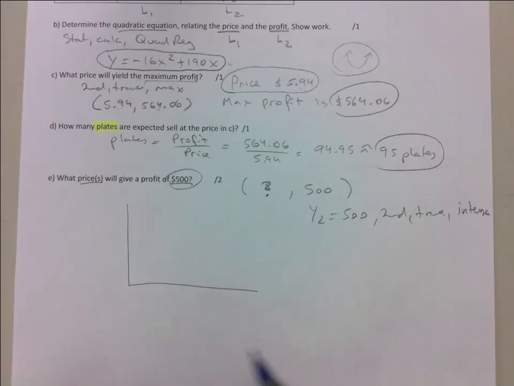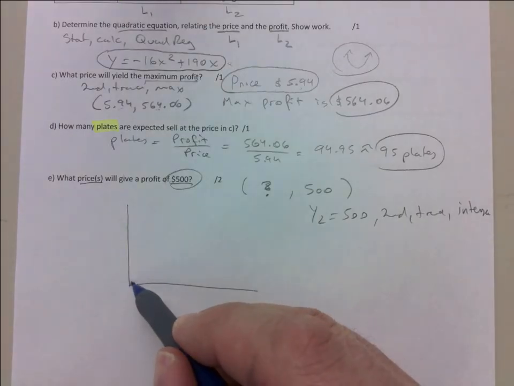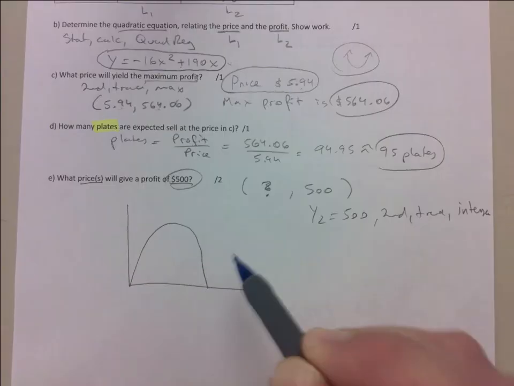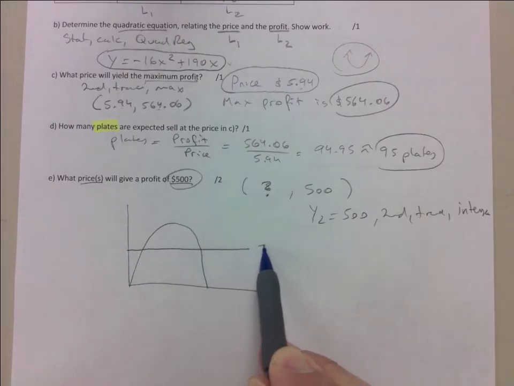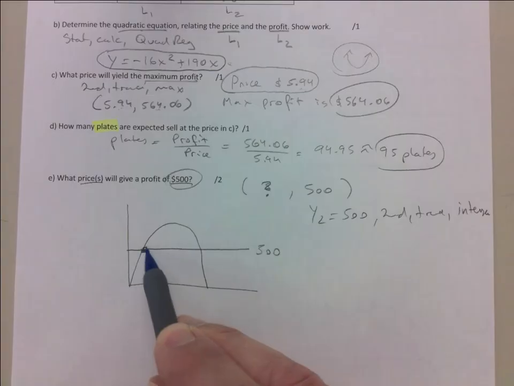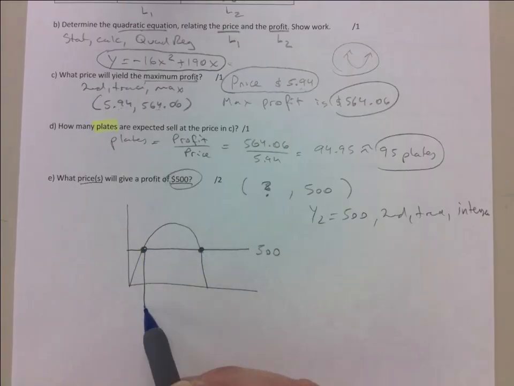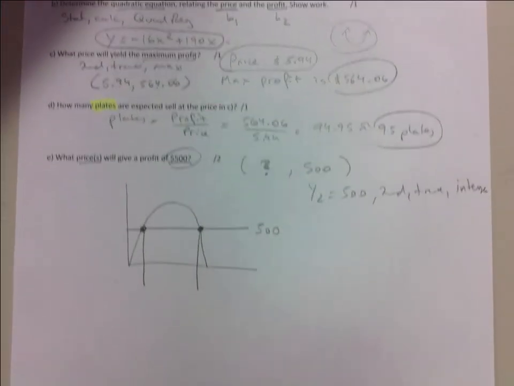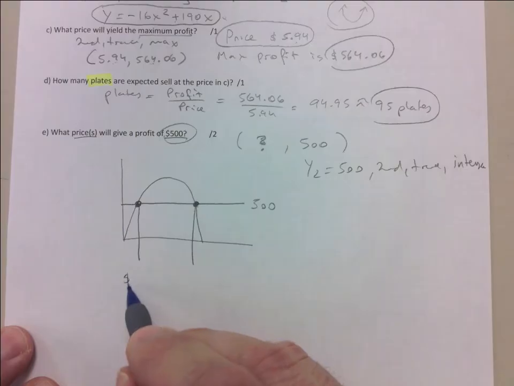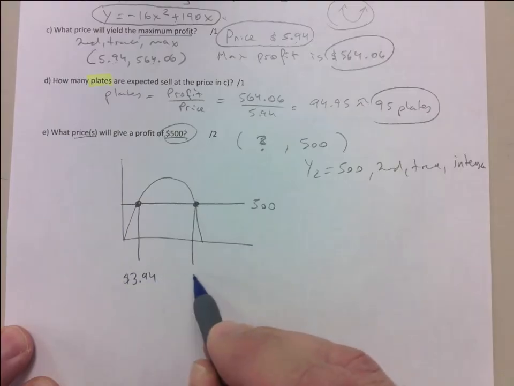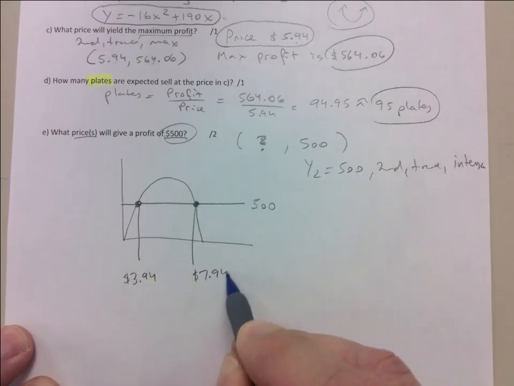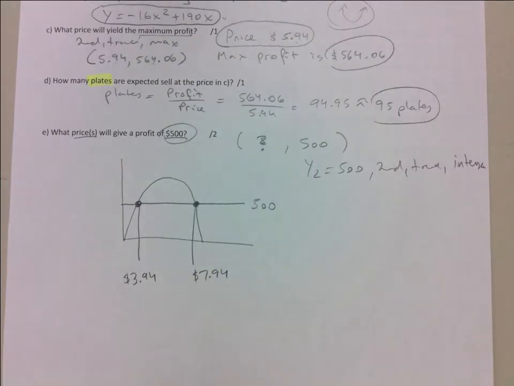That says intersect, I promise. And so we have our graph like this, and 500 is going to go somewhere in here. So there are two instances where you get that profit. I'm just going to go ahead and give you the answers, and you just check if you got that right. So 3.94 is one of them, and 7.94 is the other price.